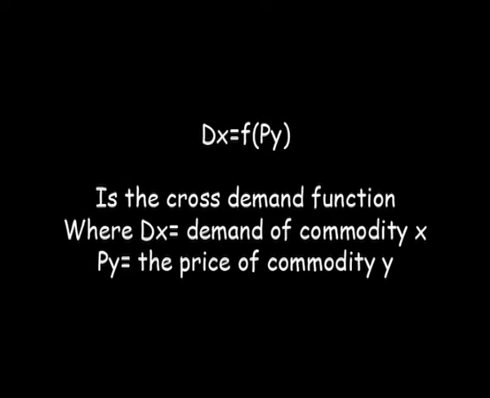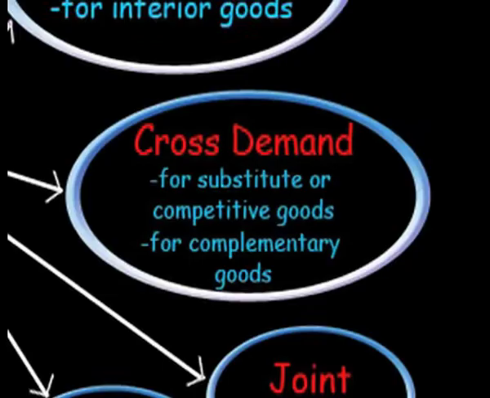This is the cross demand function, where Dx is the demand for commodity X and Py is the price of commodity Y. The cross demand is subcategorized into cross demand for substitute or competitive commodities and cross demand for complementary goods.